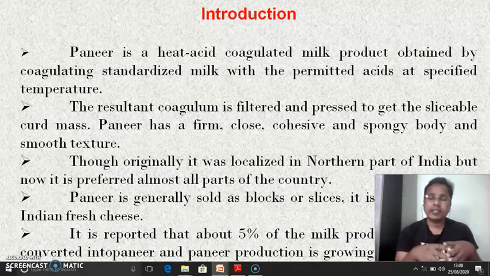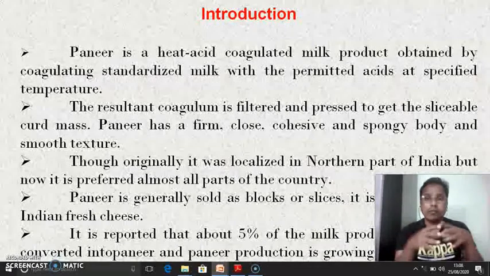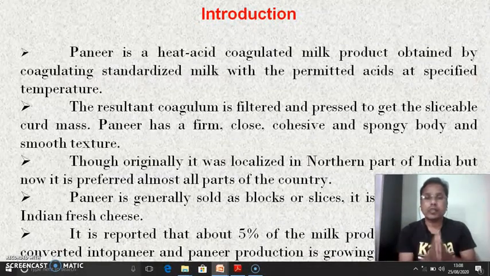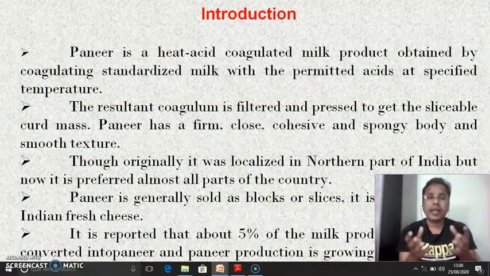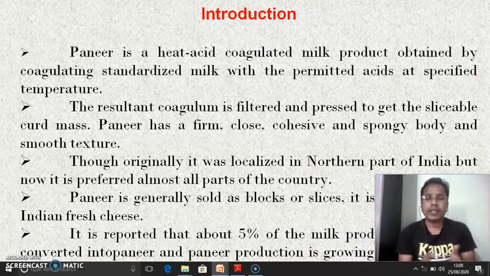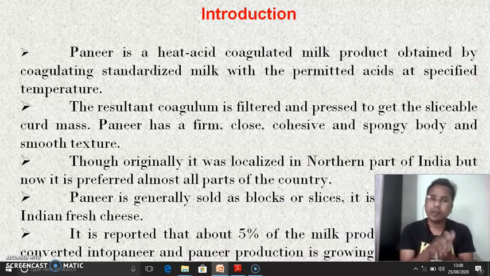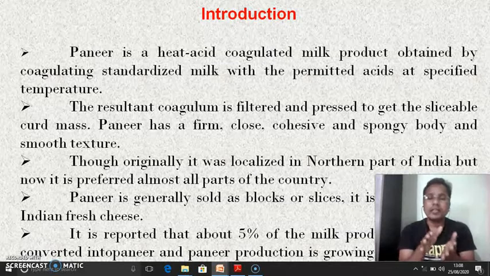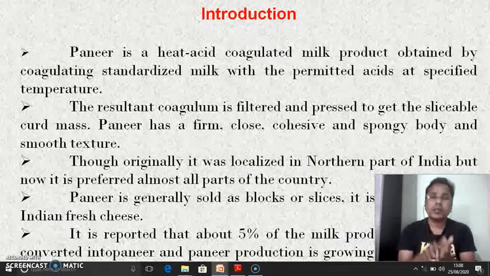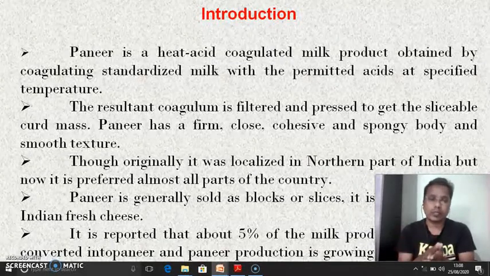When the whey is completely drained out from the muslin cloth, whatever mass is obtained in the muslin cloth is called channa. The same channa is pressed so that the maximum moisture is drained out, and that pressed channa is then placed in cold water.